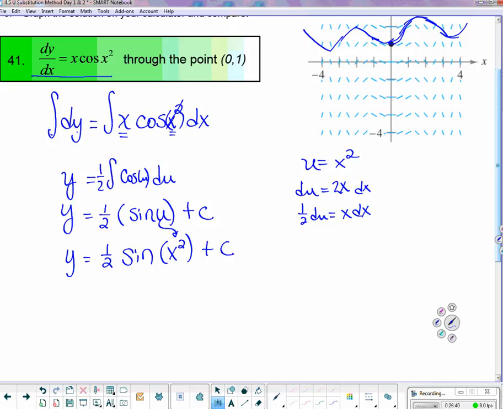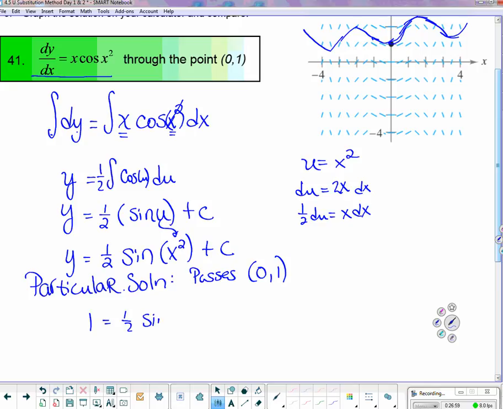Okay, now we're going to find the particular solution. So we're looking for the equation that passes through, what was it, 0, 1. So where I have y, I put 1. Where I have x, I put 0. 0 squared is 0, plus some constant. The sine of 0 is 0, so I get 1 equals 1/2 times 0 plus c. Therefore, c turns out to be 1.